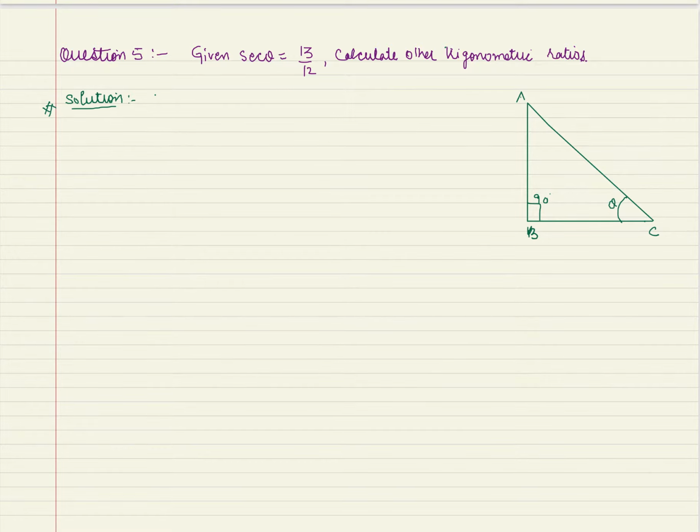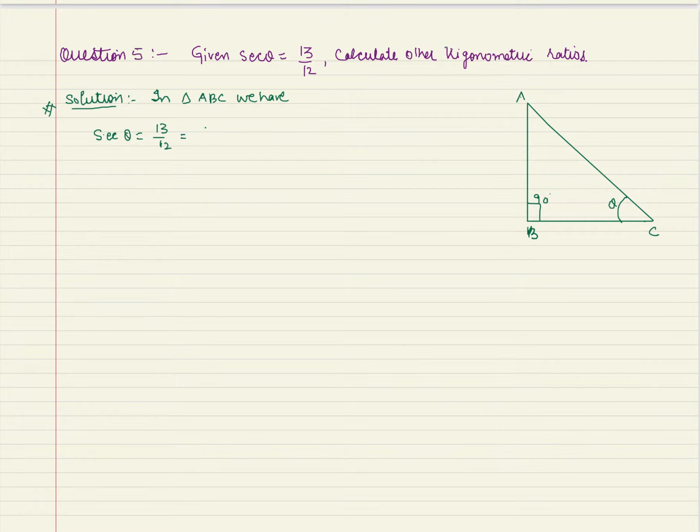So we'll start with triangle ABC. We have secant theta equal to 13 by 12.